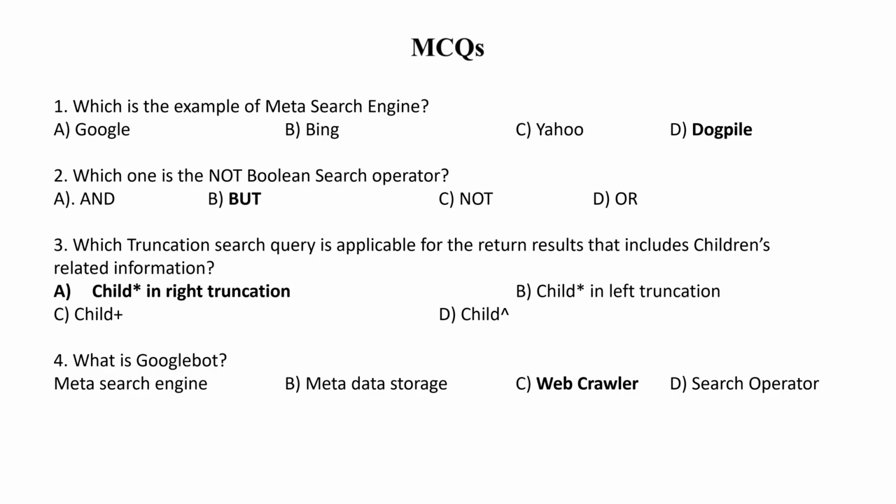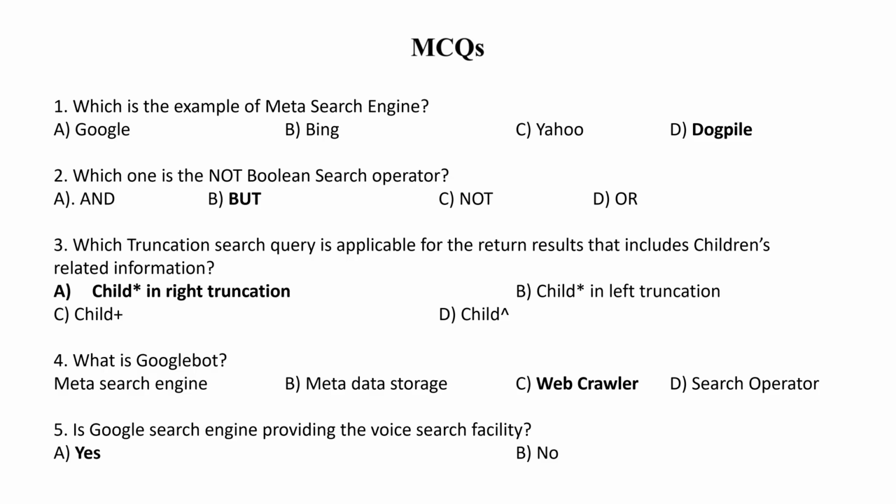You all know Googlebot is an example of a web crawler of Google. And last but not least, which Google feature provides local-based search or voice search? As you are all well accustomed, Google now supports voice search to satisfy different users' queries, including those who cannot write properly.